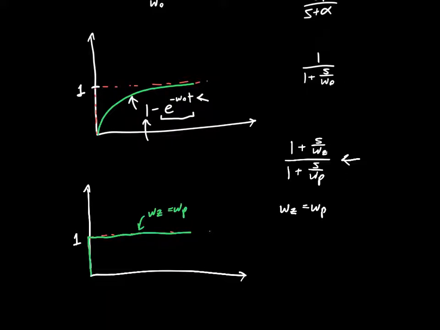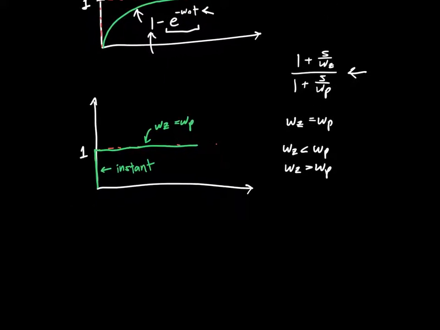If omega z is slightly less than or slightly greater than omega p, we might expect to see the same kind of characteristics, this sort of instant response at the origin, combined with some other kind of response.